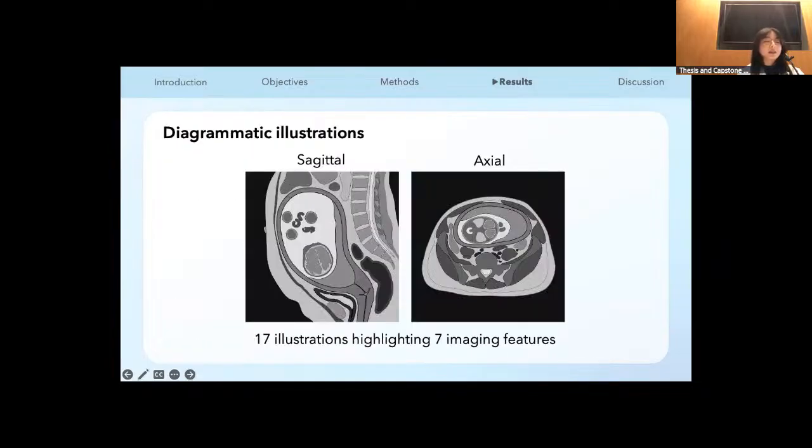In response to this, I created several diagrammatic illustrations to clarify 7 primary imaging features of PAS. The sagittal and axial plane were identified as the most helpful when reading MRI for PAS, so I created these 2 illustrations of a pregnant person and used them as a base to build upon the other features. In these base illustrations, the fictional patient has placenta previa, which is where the placenta covers the cervix, but the appearance of the placenta is otherwise normal.